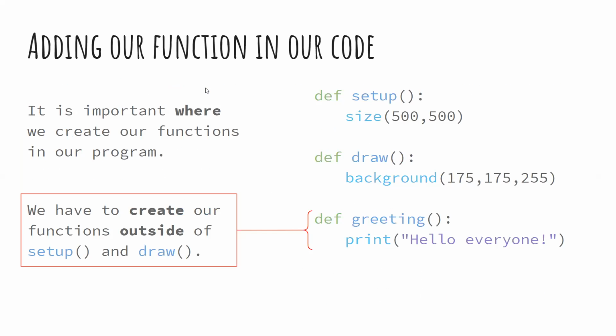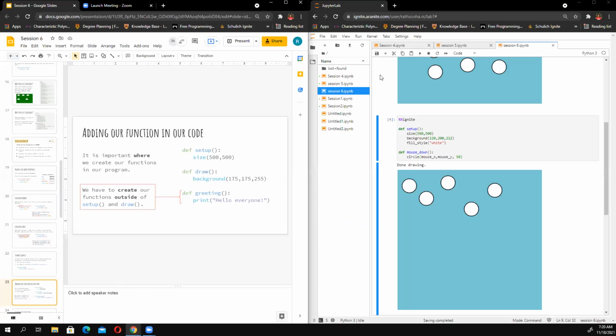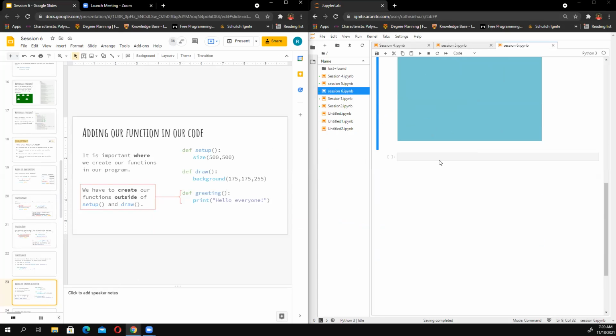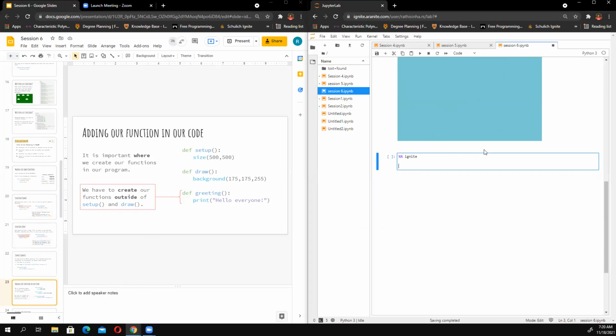Let's actually code it down over here. Put the percent ignite, setup, size 500, 500, draw function.